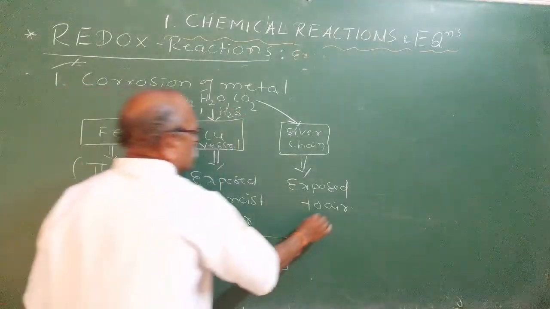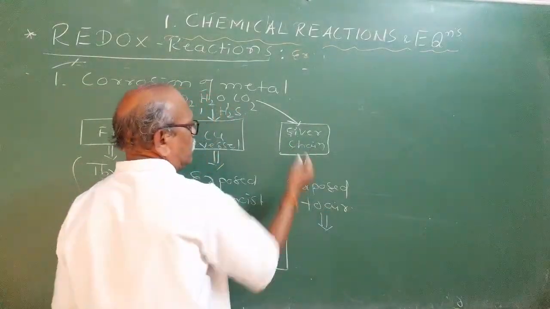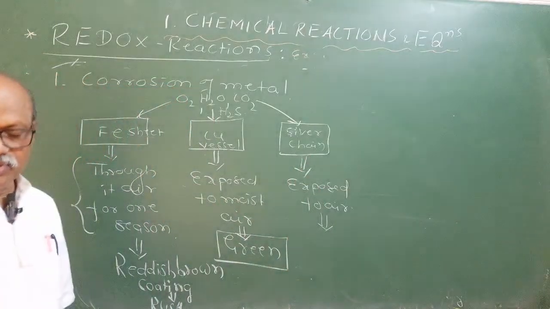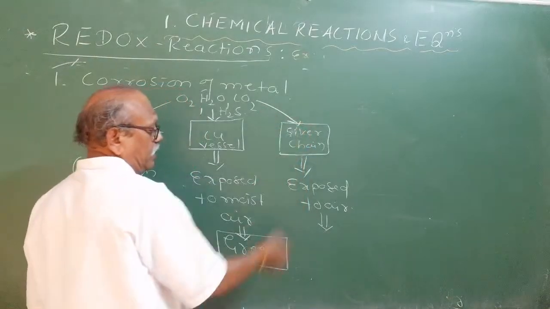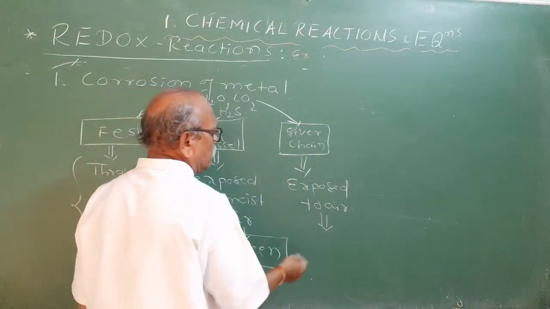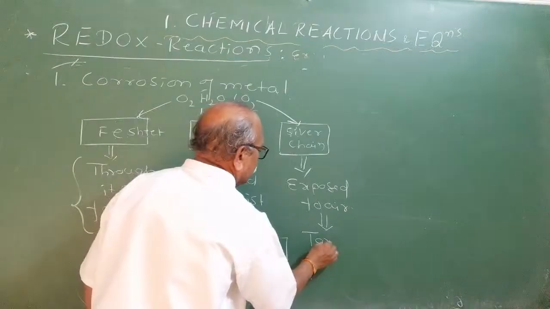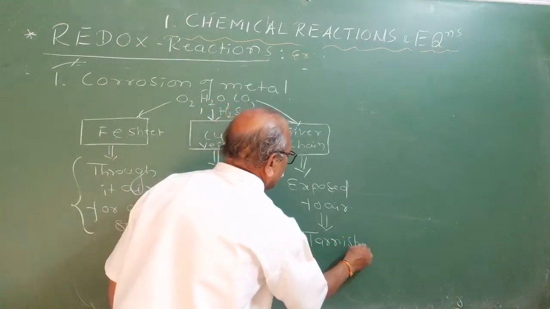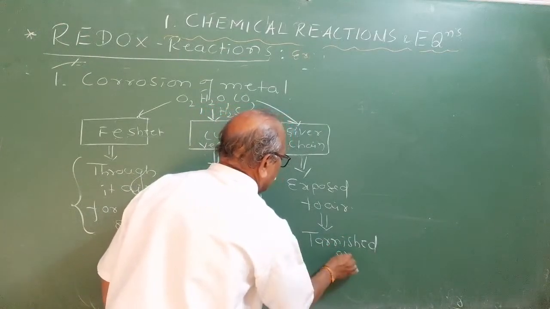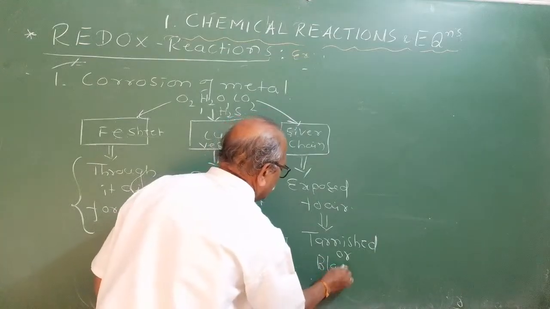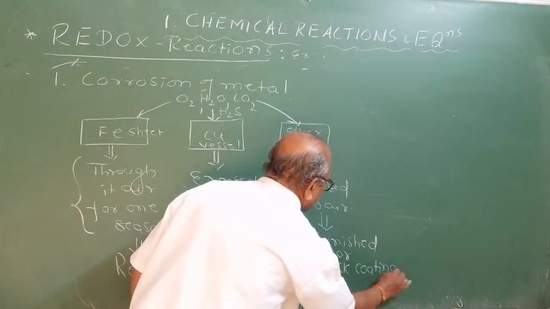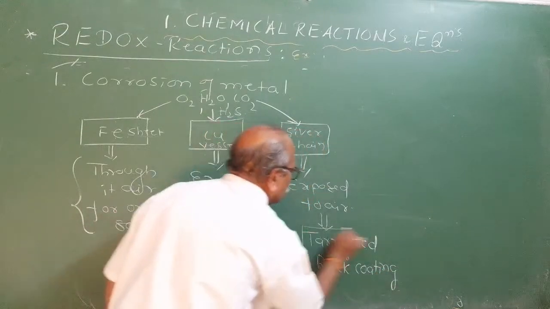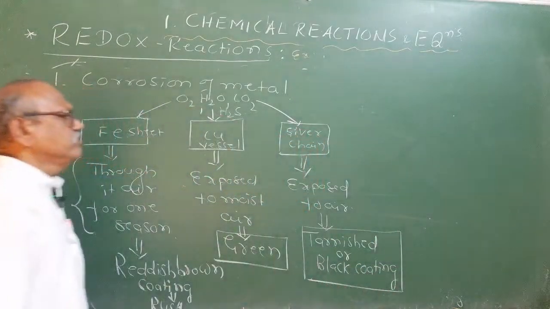And silver on exposure to air: you must have seen that when you bring a silver chain it is very shiny, but after some time the silver is tarnished or develops a black coating on it.